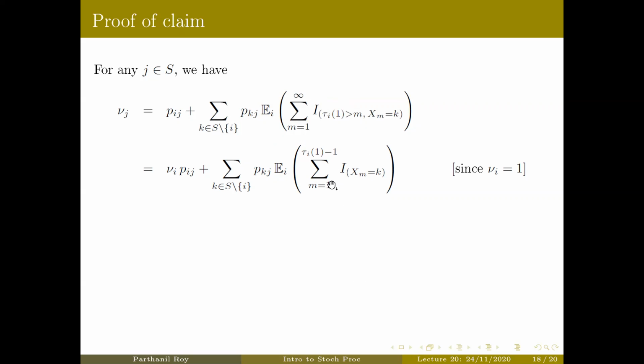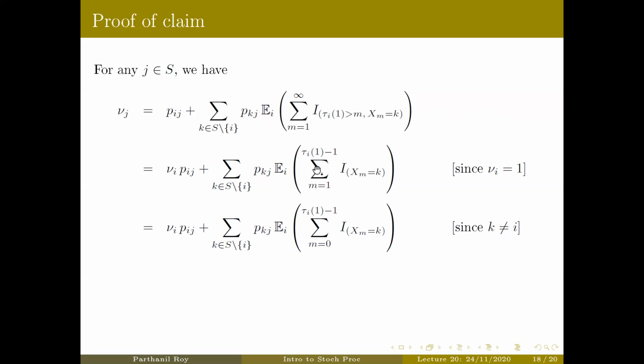Now note that k is not equal to i. Since k is not equal to i, we can as well start the sum from 0. Because starting from i, x_0 cannot be k, since x_0 is i, which is not equal to k. So for each k not equal to i, we can definitely also put 0 in this sum.